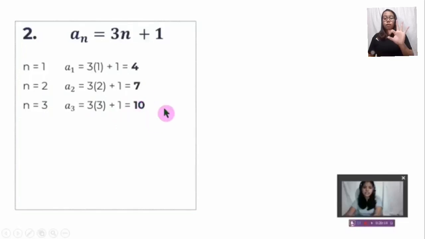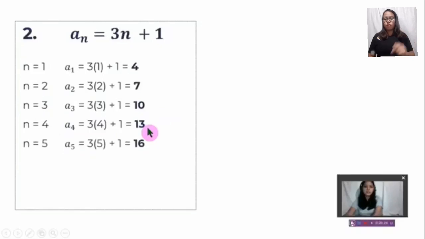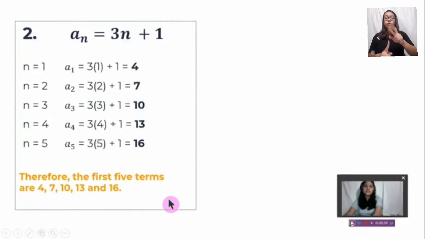So that is 10. For n is equal to 4, our a sub 4 would be 3 times 4 plus 1. That is 13. For the last one, our n is equal to 5. So a sub 5 is equal to 3 times 5 plus 1. That is 16. Therefore, the first 5 terms of the sequence are 4, 7, 10, 13, and 16.